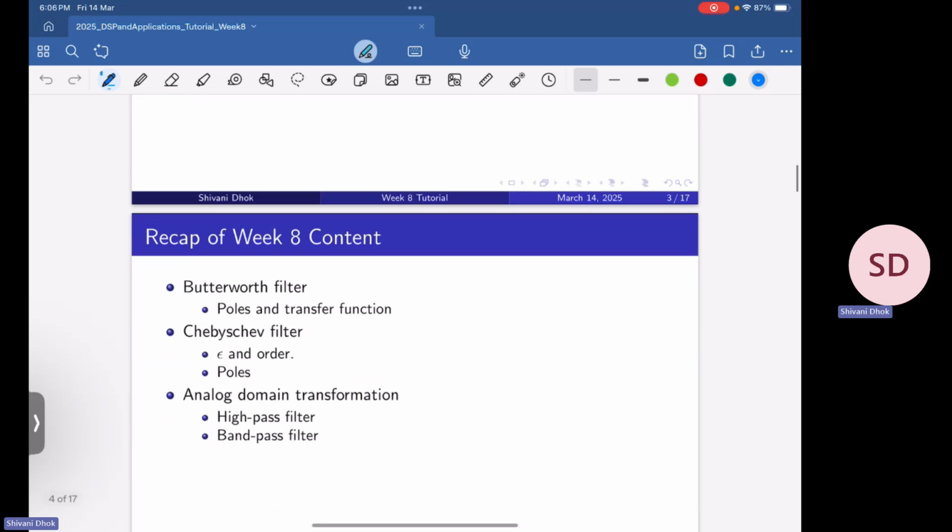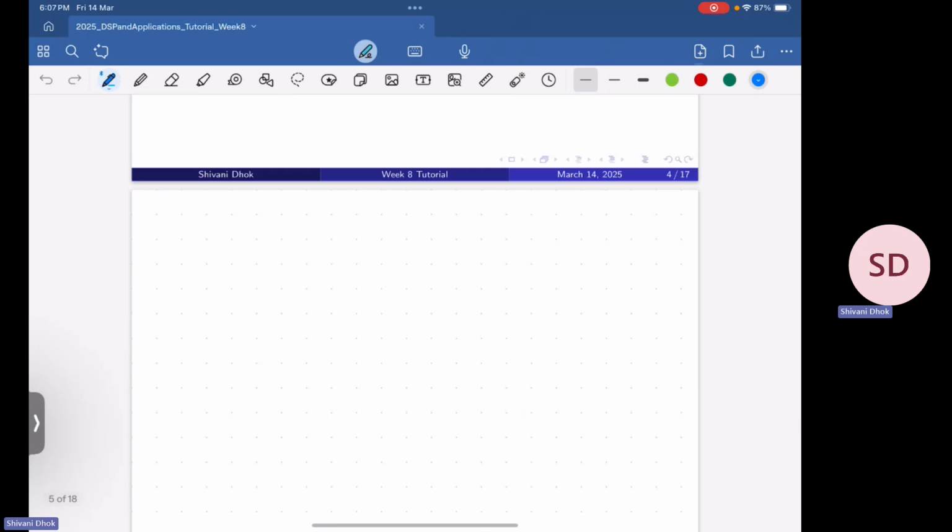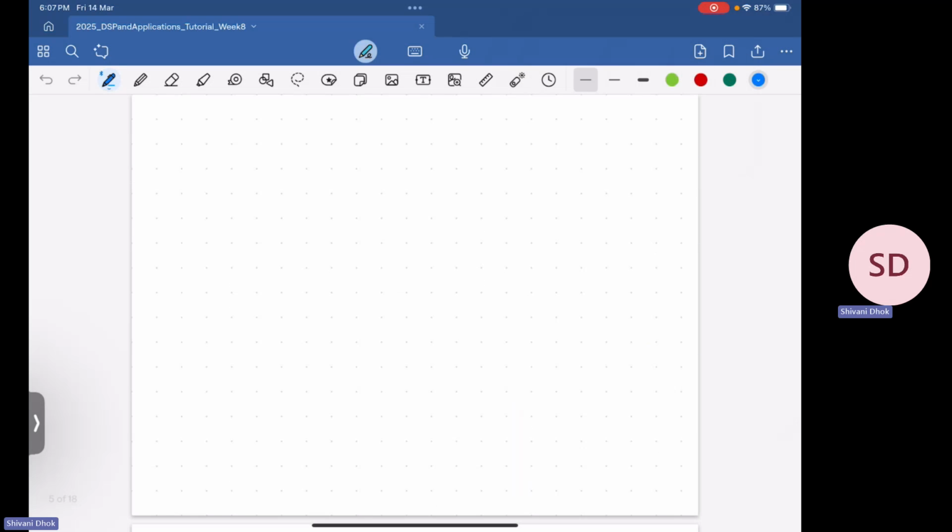Okay, so let's quickly start with the recap of week 8 content. So we continued a little bit with the Butterworth filter. We looked at how its transfer function looks and how its poles look. So just for a quick recap, I'll write it.